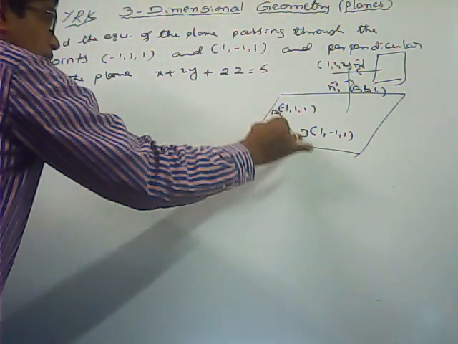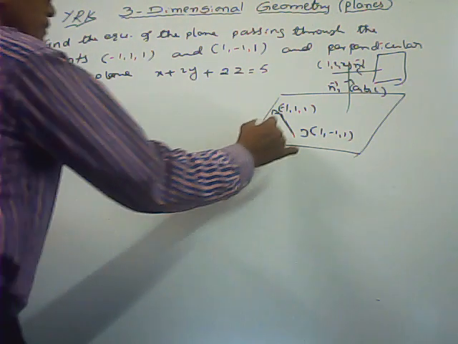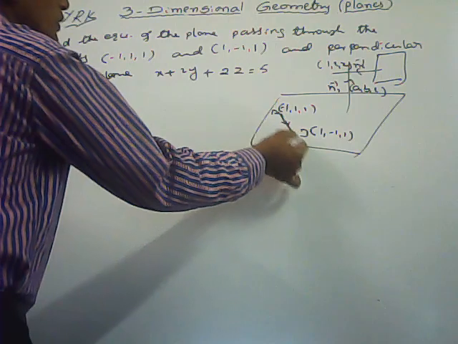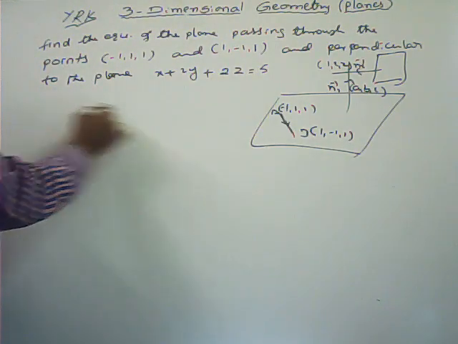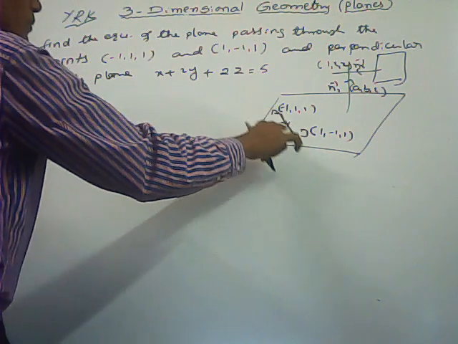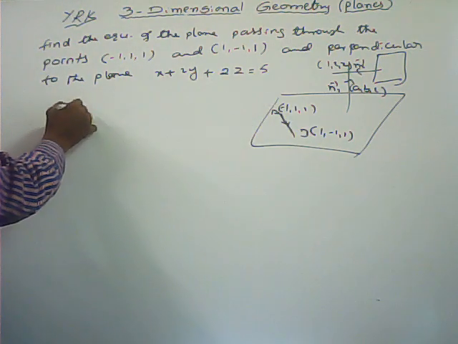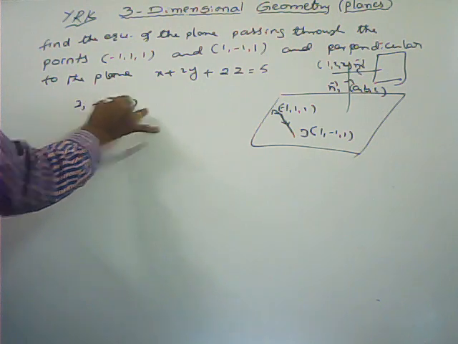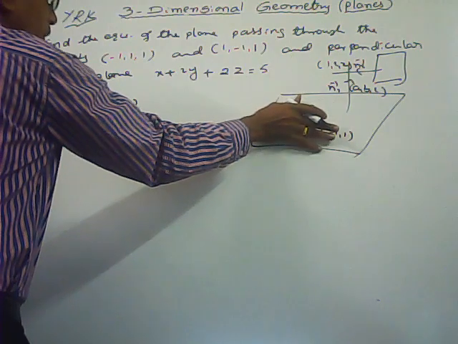What is the vector passing through these 2 points? Otherwise, what are the DRs of a vector passing through these 2 points? They are x2 minus x1, y2 minus y1, z2 minus z1. This vector lies on the plane, and the normal DRs I have taken are a, b, c.